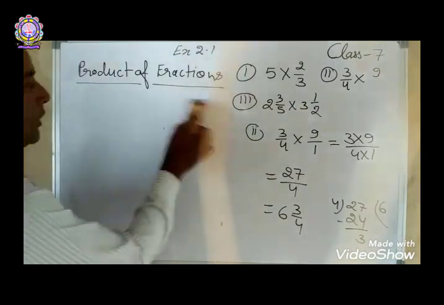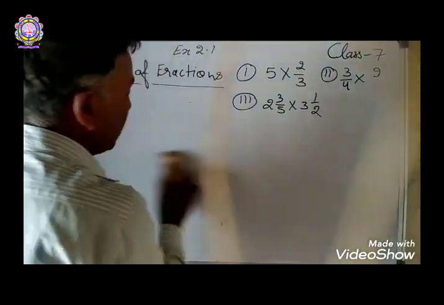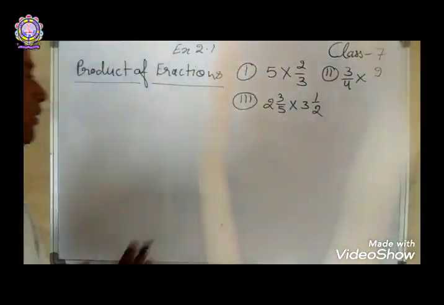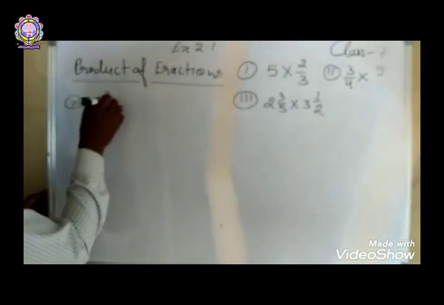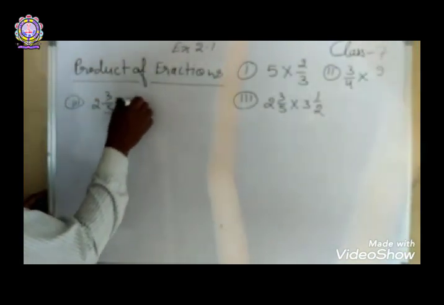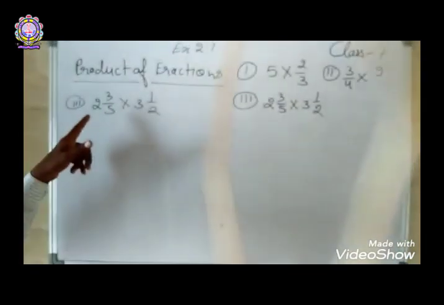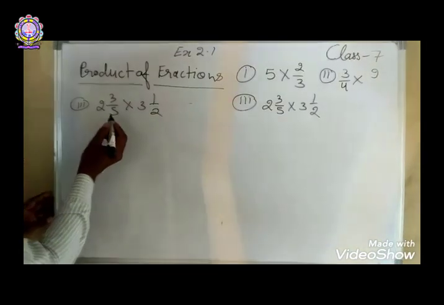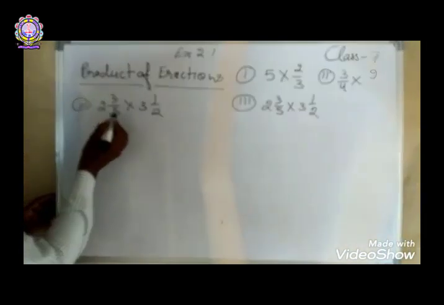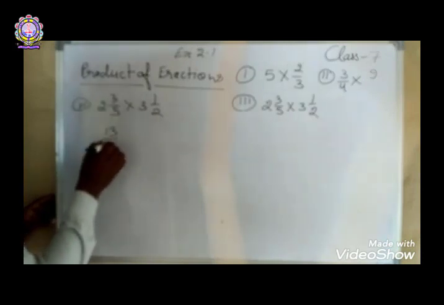Now we check the third part of the question. 2 whole 3 upon 5 into 3 whole 1 upon 2. So first of all, change the mixed fractions into improper fractions. So how? 5 multiplied by 2 is 10 plus 3, 13 upon 5.